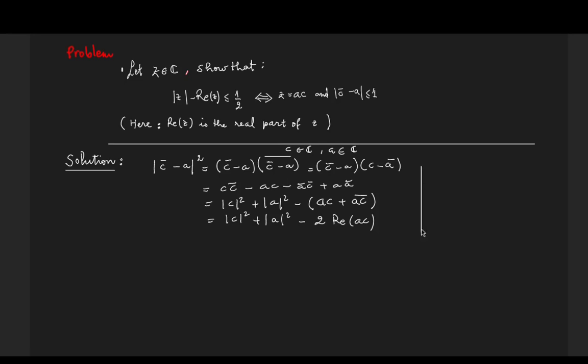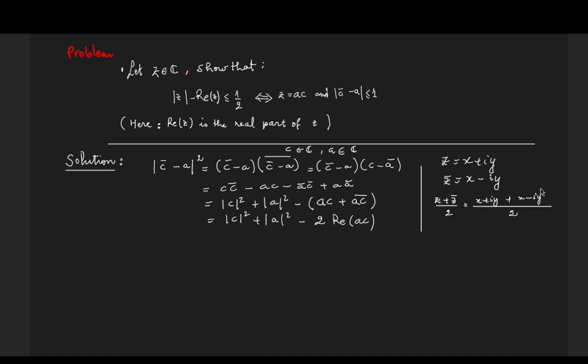Because, of course, if z is equal to x plus iy, and z bar, of course, is equal to x minus iy, then z plus z bar over 2 is equal to x plus iy plus x minus iy, all over 2.